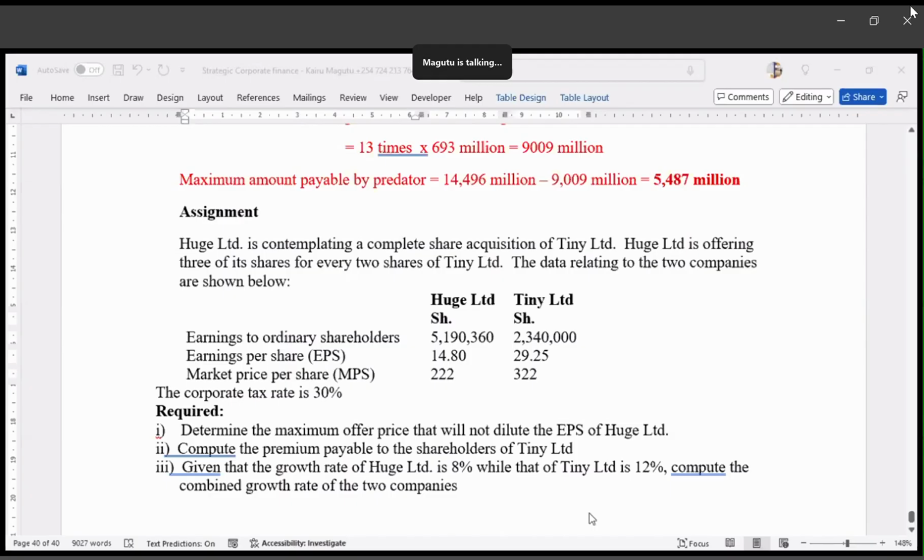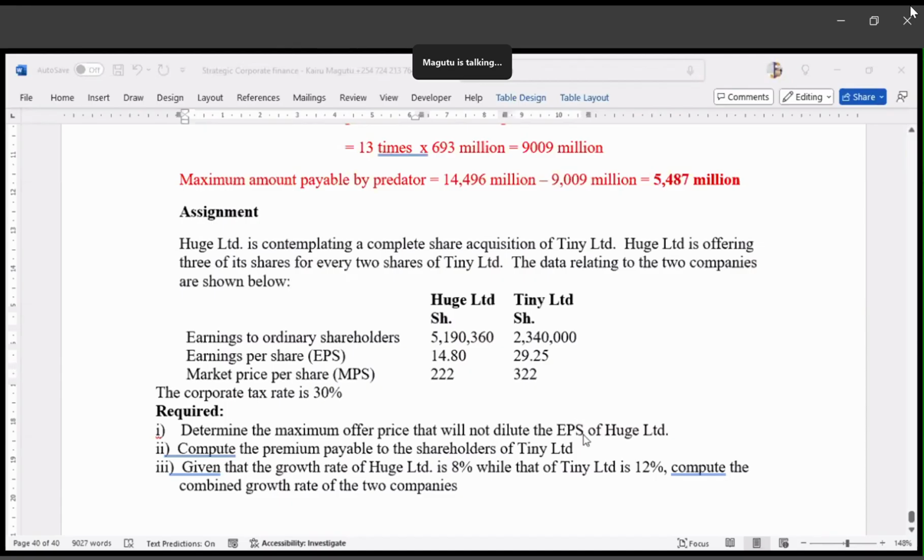Someone is asking, is there any way you can compute post-acquisition price earnings ratio? Yes. The formula for price earnings ratio is the market price per share over earnings per share.